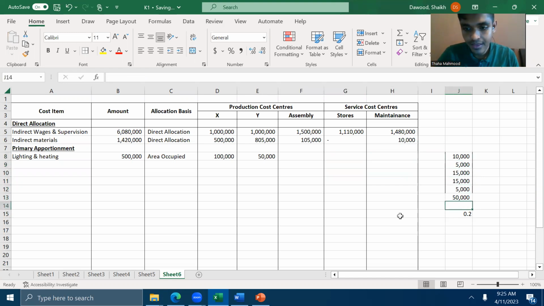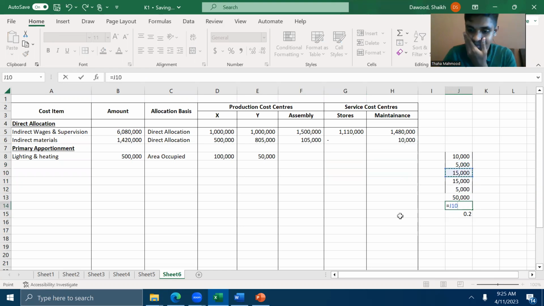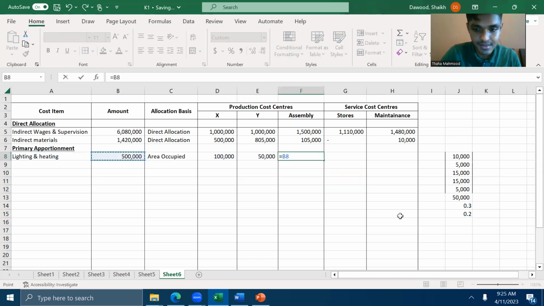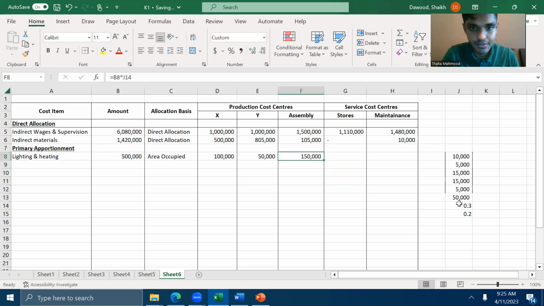15,000. I think we could draw a table to do the calculation order nicely. Let's do it just like this. 30%. 30% of this is 150,000. And then the next one is also 150,000.